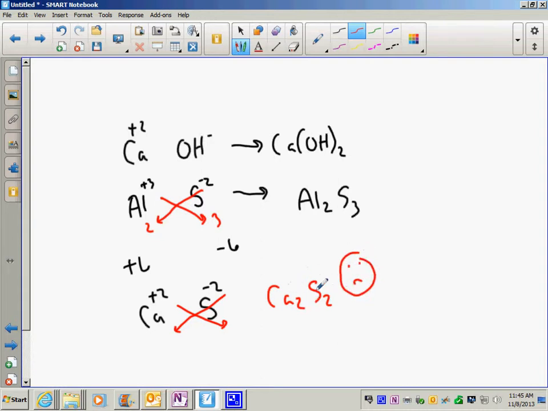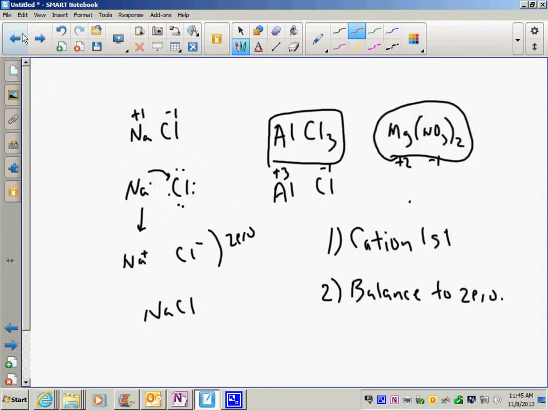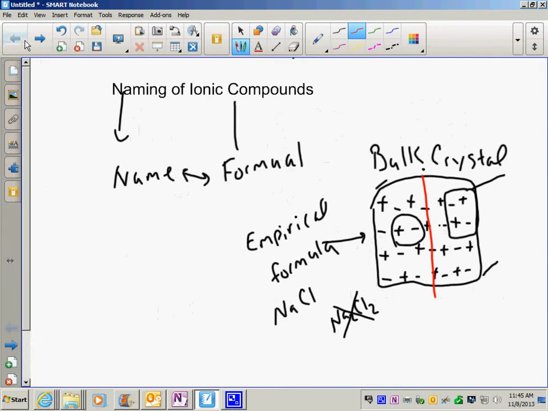This is a violation. It's not an empirical formula. Even though it balances to 0, this would not exist for an ionic compound. Like I said in the previous slide, that would insinuate that you have a cluster of 4 ions, which just isn't the case.